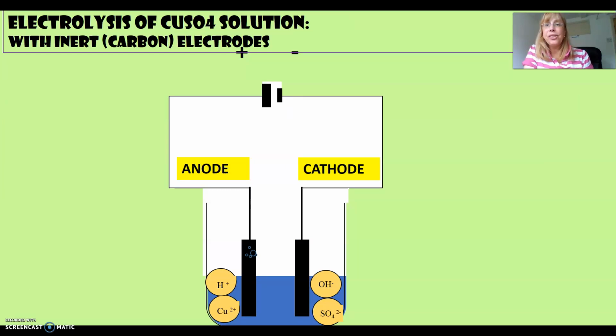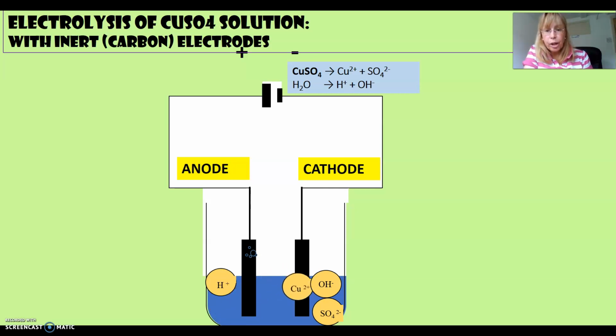Now, in our final example, we also use copper sulfate solution, but this time we use our favorite inert carbon electrodes rather than copper. So in this situation, with our copper sulfate solution, the copper sulfate breaks into copper ions and sulfate ions, and the water, as we know, breaks down into hydrogen ions and hydroxide ions.